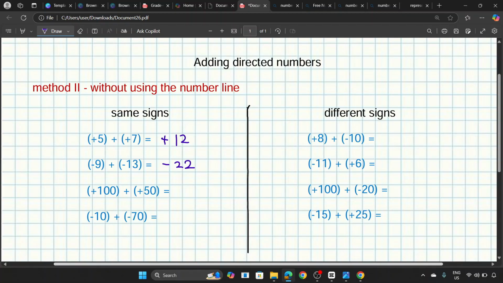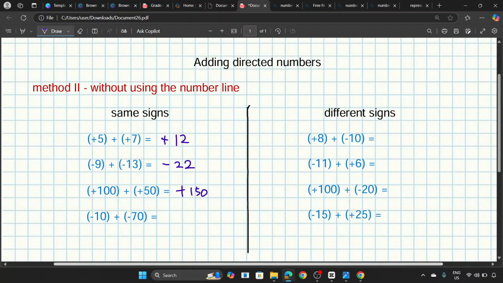Third one, positive 100 plus positive 50. Both signs are positive. We have to put the sign as positive. The answer sign is also going to be positive. Then add the two numbers, 100 plus 50, 150.